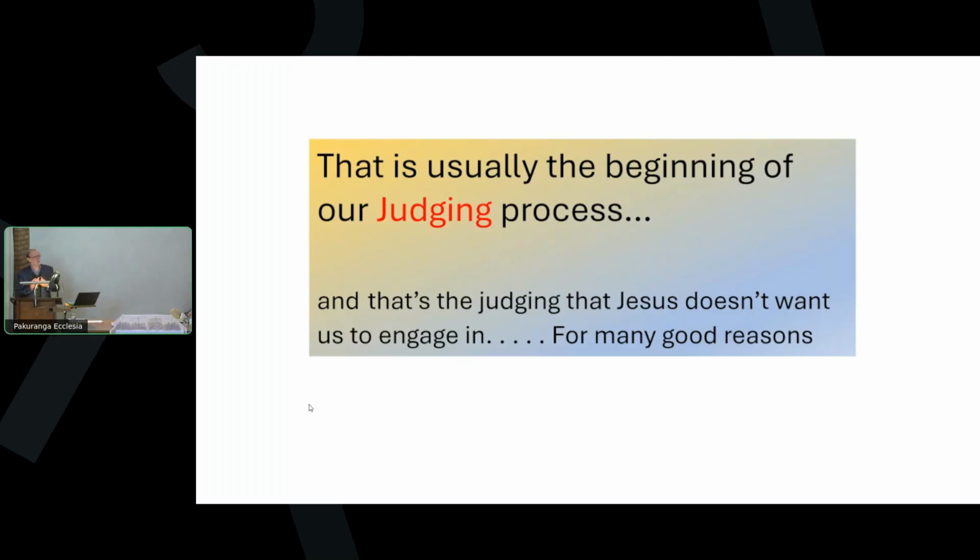Now, we can do the same sort of thing. We can form an opinion and we can pass it on to somebody else. And we might say, yeah, but it's not really that bad. It's just a little bit of information. What's in it for us?